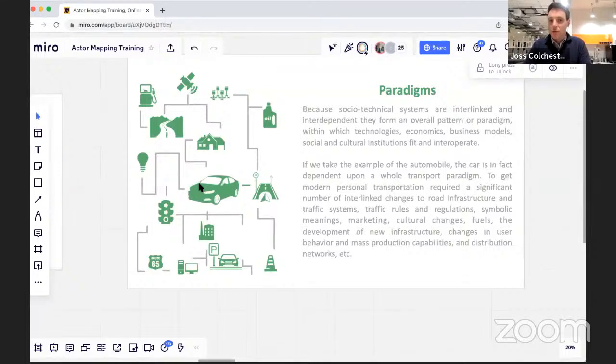We had to develop the fuels. We had to develop the fueling stations. We had to develop traffic lights. We had to develop the whole set of signs and symbols, the whole set of rules, parking stations, all the rules around the laws, the regulations, and so forth, right? So it's a whole paradigm, technological paradigm and social paradigm and economic paradigm, that's what that system is.